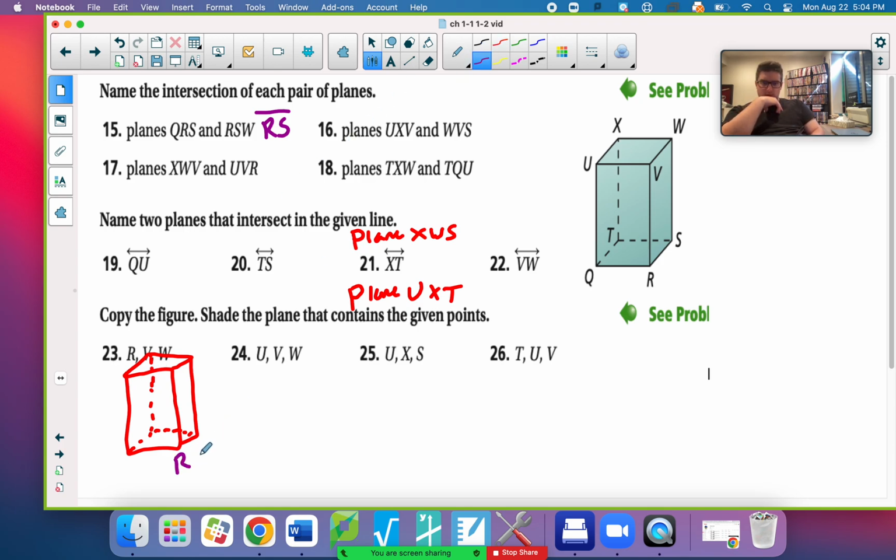This one's R, this was V, this is W. So RVW is this right side of the box right here. S is a part of it, but doesn't need to be a part of it for the name. Question 25.